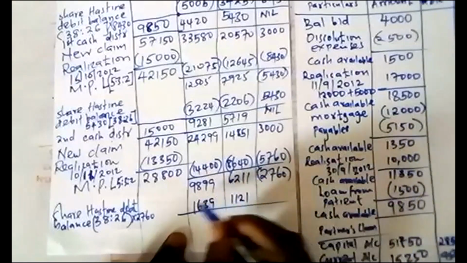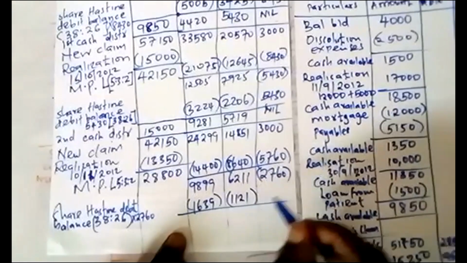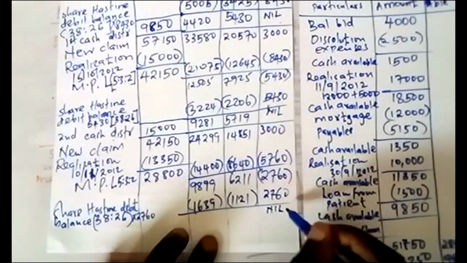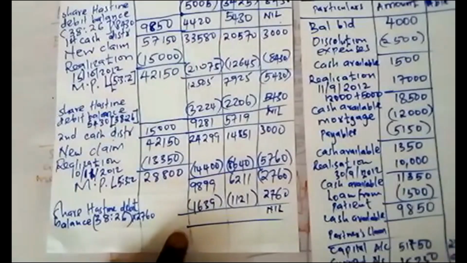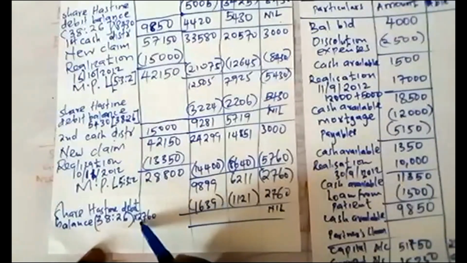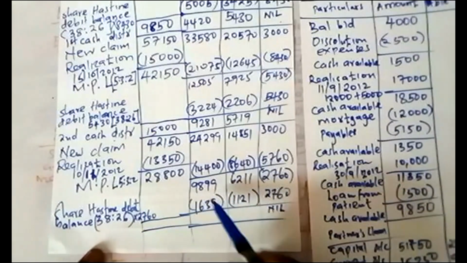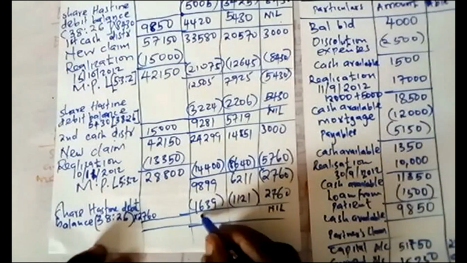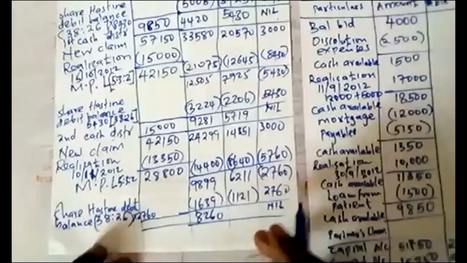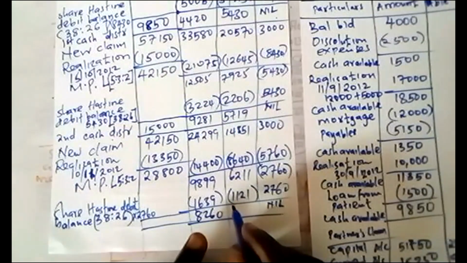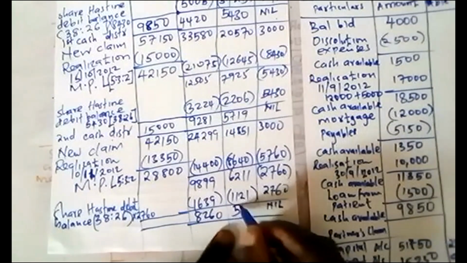So you subtract. For Able, 9,899 minus 1,639, I'm getting 8,260. Then this one is 5,090.